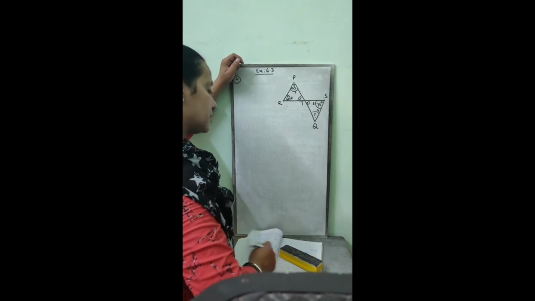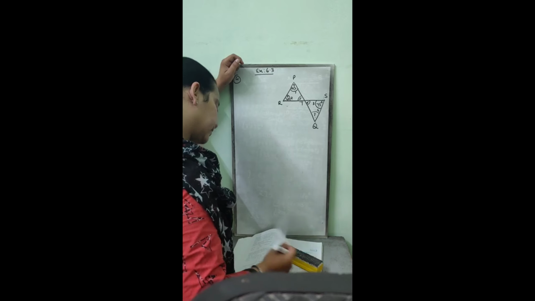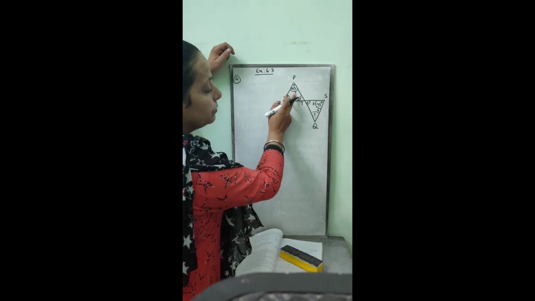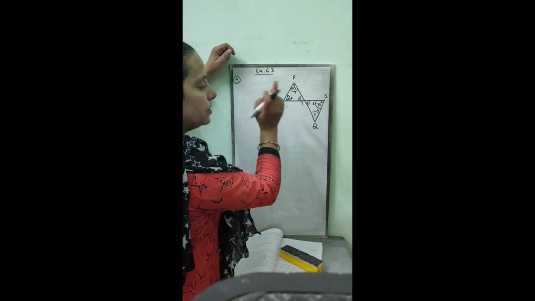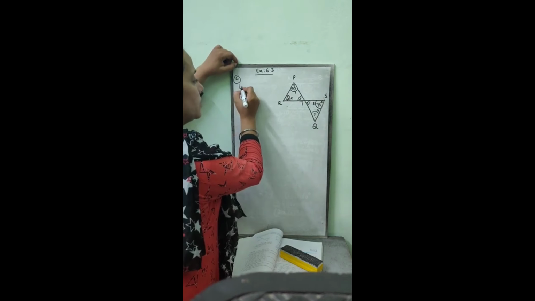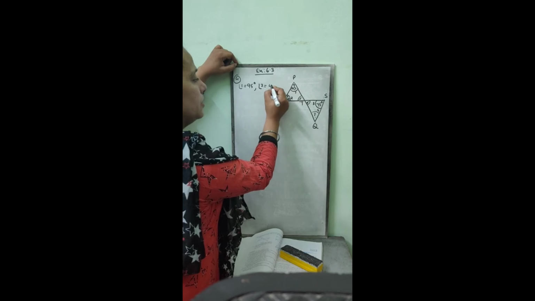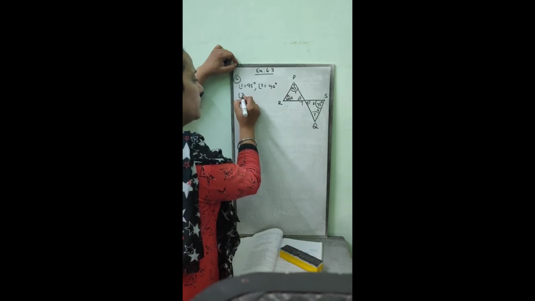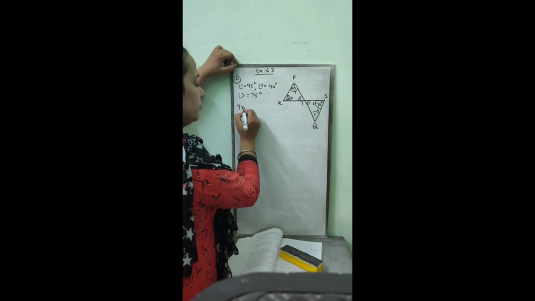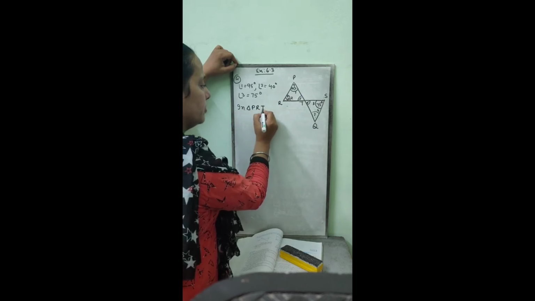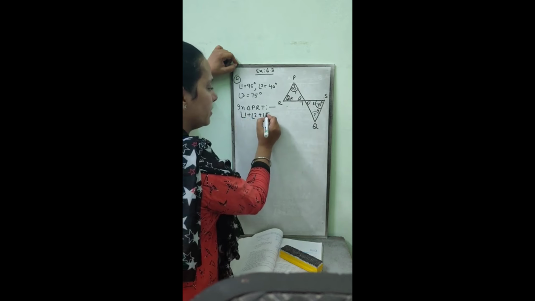One more thing, he is also saying in the statement that these two lines, PQ and SR are intersecting each other at point T. Angle 1 is 95 degree, angle 2 is 40 degree, angle 3 is 75 degree. Consider triangle PRT. Sum of three angles 1, 2 and 5 is 180 degree.